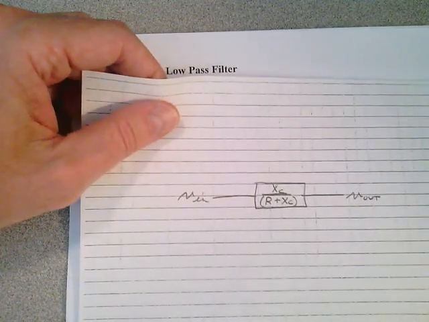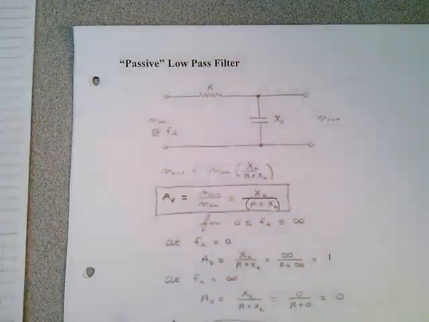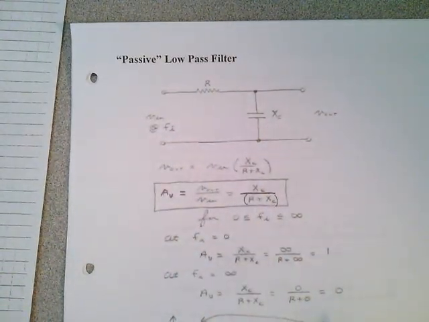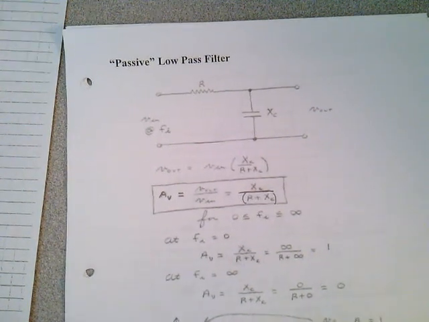So all you have to do in circuits in the future is look at the voltage divider rule. You look at the voltage divider rule and you just use the reactances and resistances. You just use this part of it.